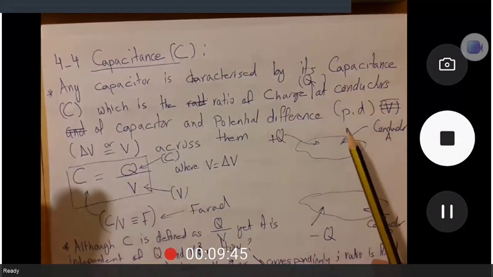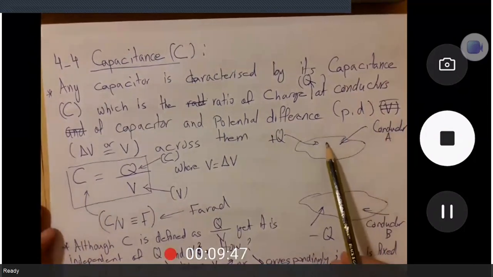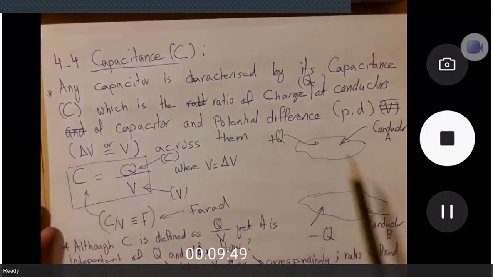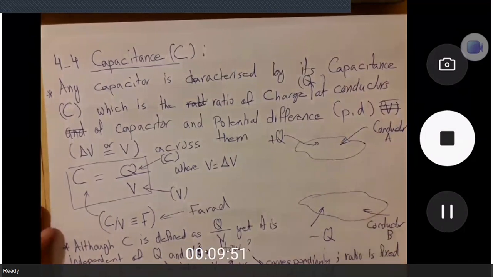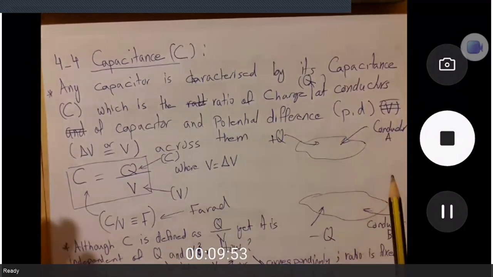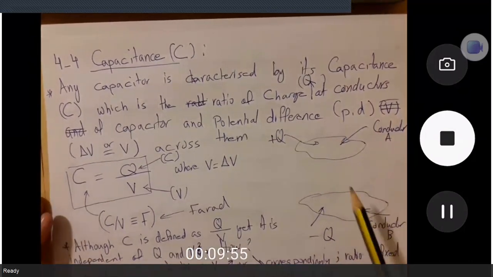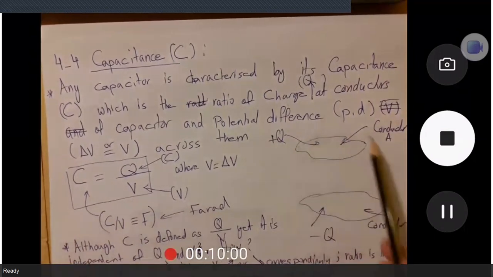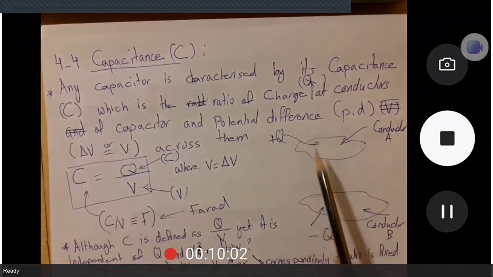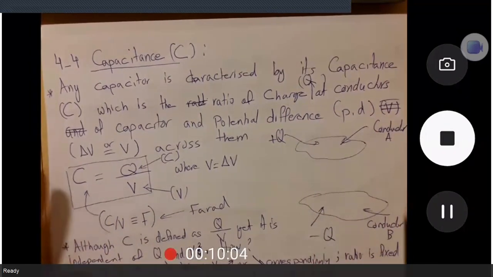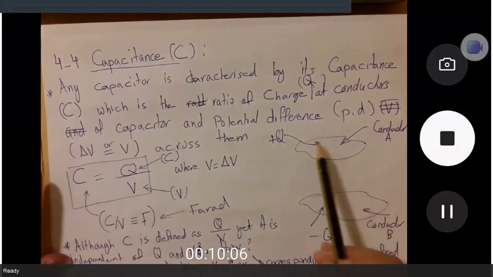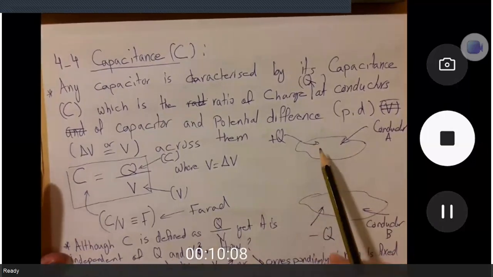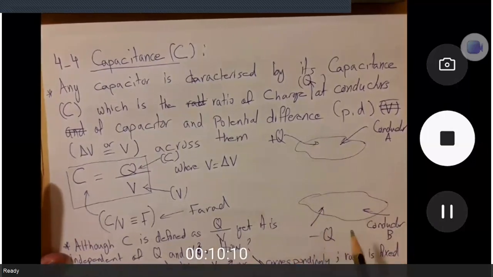We know that on one of the conductors it's plus Q and on the other, equal to it but opposite in sign. The charge of the capacitor is Q, although the overall charge of the system is plus Q minus Q, which is zero. But no, it's charged by plus Q on one of them and minus Q on the other.